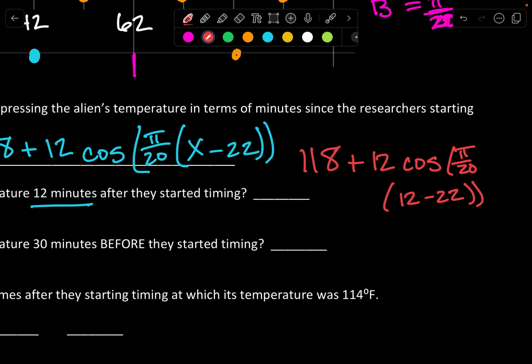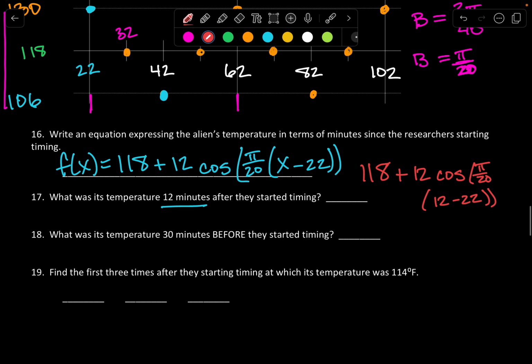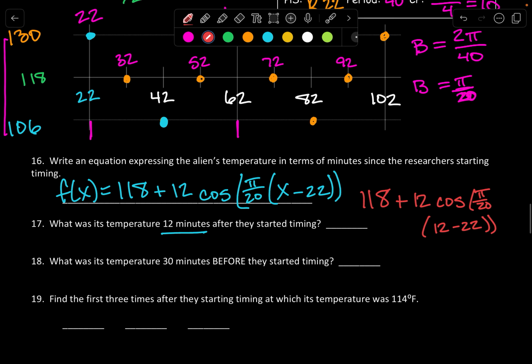If I work this out, 118 plus 12 cosine pi over 20, 12 minus 22, I got that the temperature at 12 minutes will be 118.